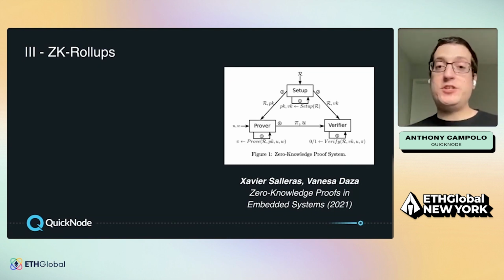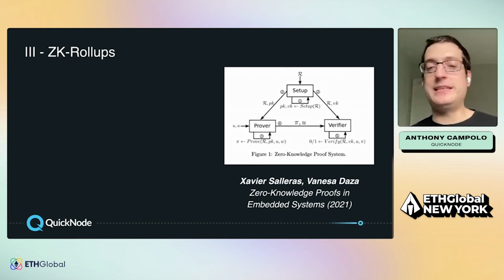So imagine you have two people. You have a prover and you have a verifier. And that's what we can see right now in this diagram. The verifier needs to verify that the prover is not colorblind.